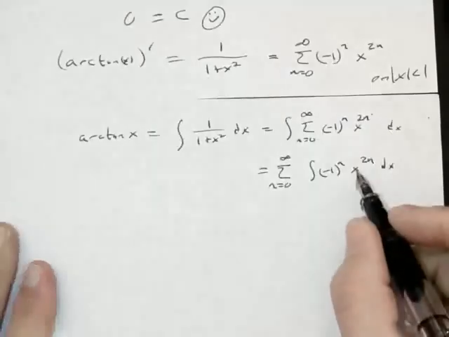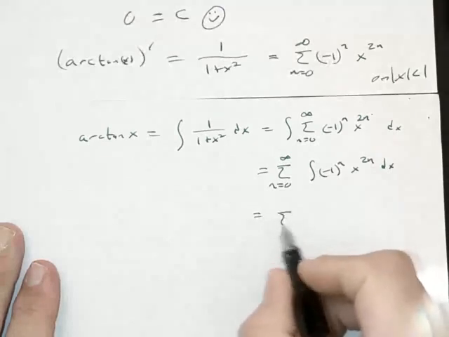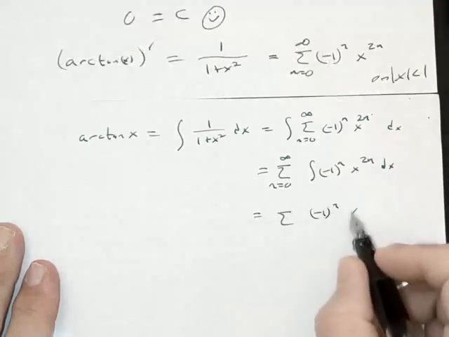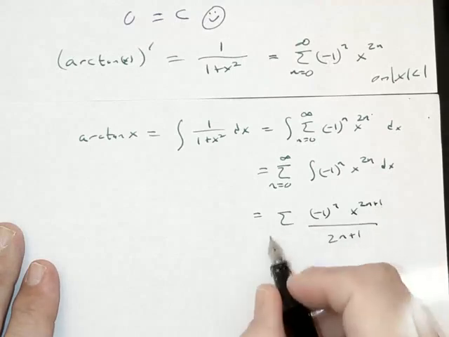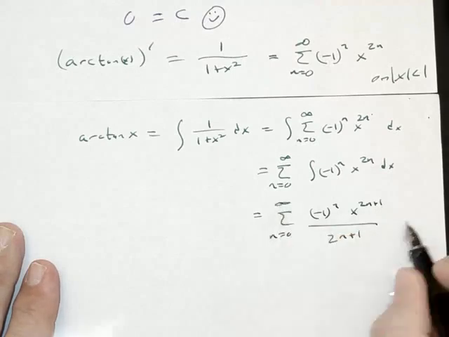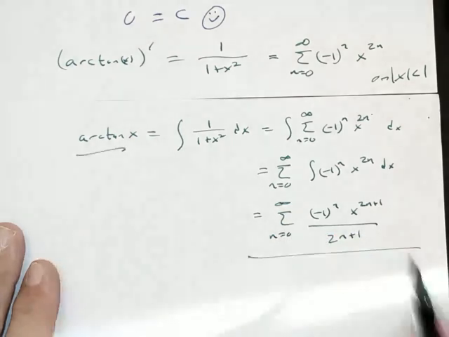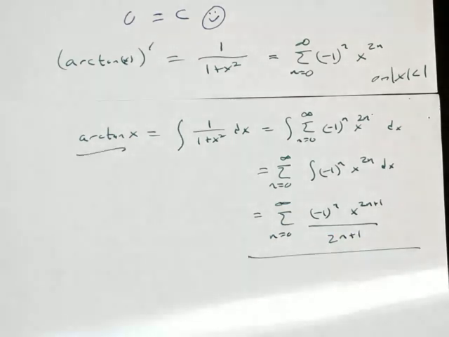It's x to the 2n plus 1 over 2n plus 1. That's a power series for the arctangent. You ready for a better statement?